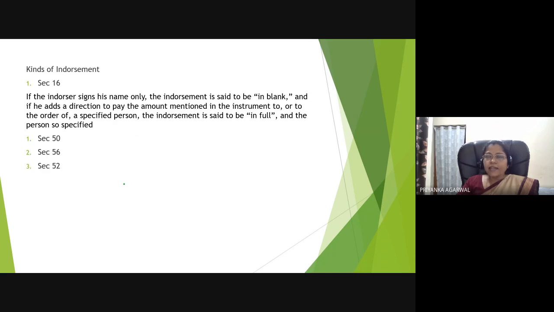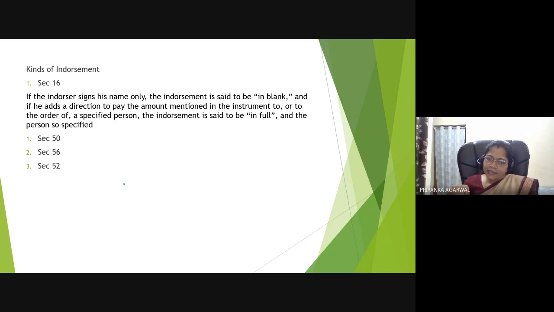If I say that A has endorsed the instrument to B, B has endorsed it to C. Now C has signed it and has not mentioned any person's name. Now what does it become? It is a blank endorsement, right?